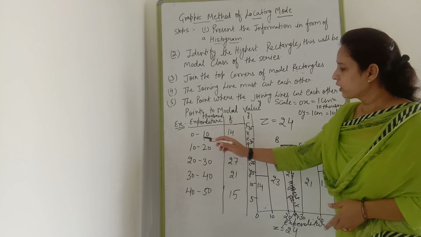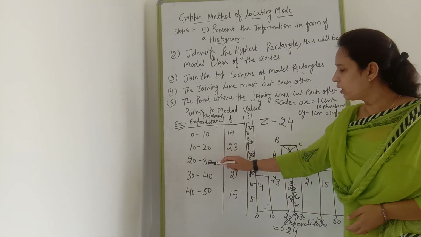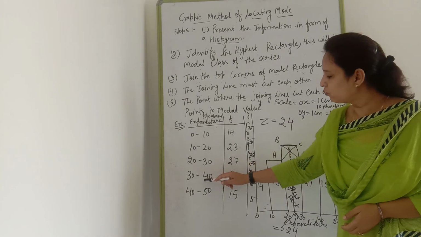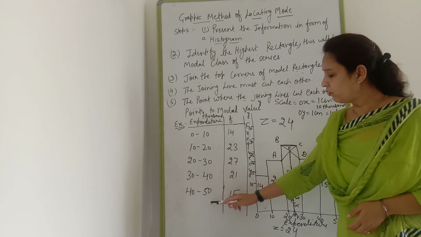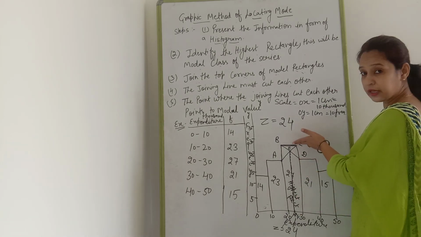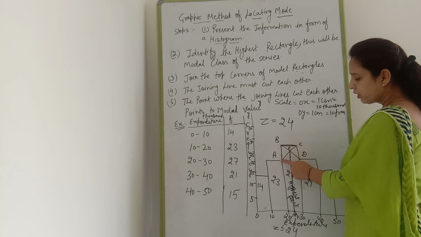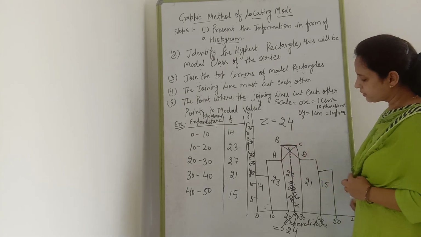0 to 10, 14; 10 to 20, 23; 20 to 30, 27; 30 to 40, 21; 40 to 50, 15. Clear? Now identify the highest rectangle. Which one is it? 27. Now give names to all the corners.